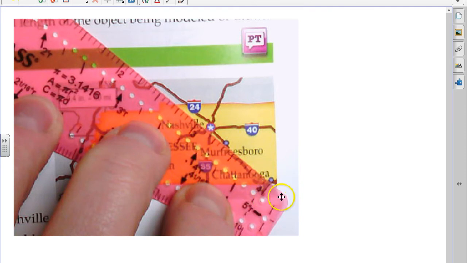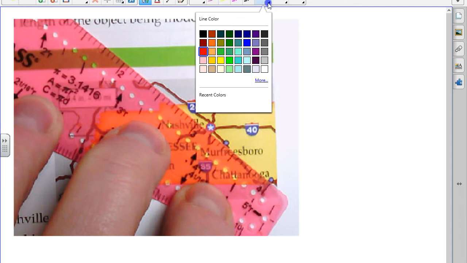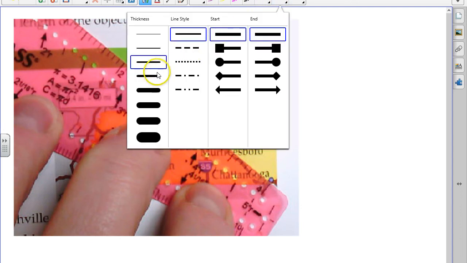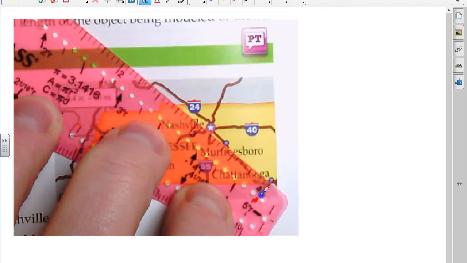So I lined up what I could with Chattanooga, the bar right here at the end. I'll do it in red so it stands out a bit. Right here, starting there, that's the 4. Now I've got to figure out where I'm ending, and how long it is on the ruler.